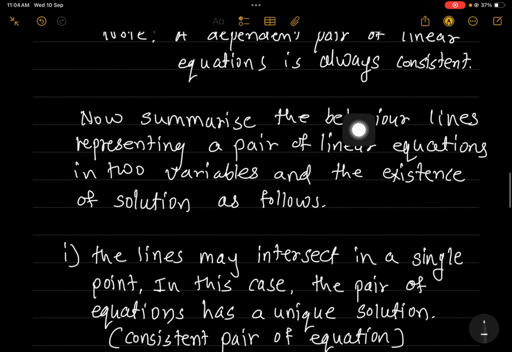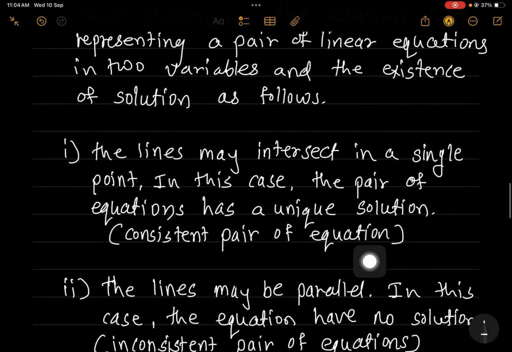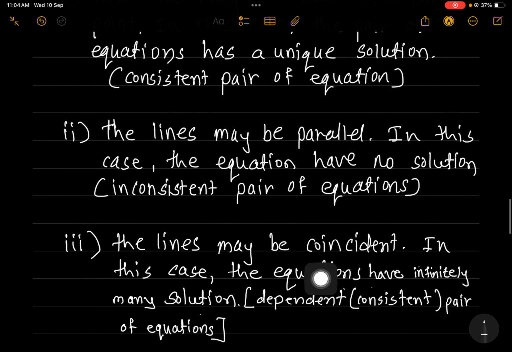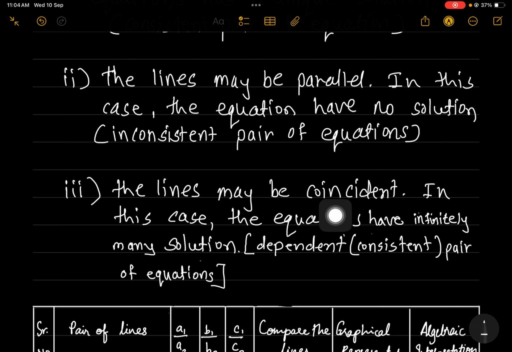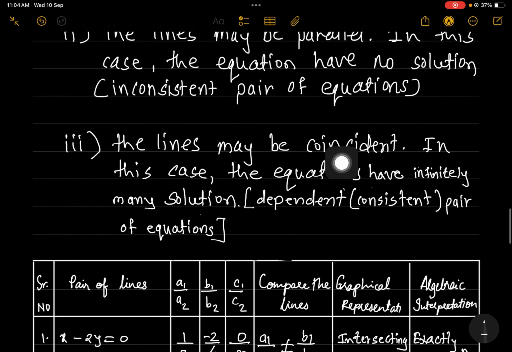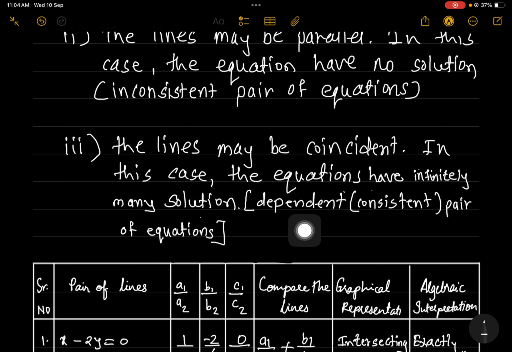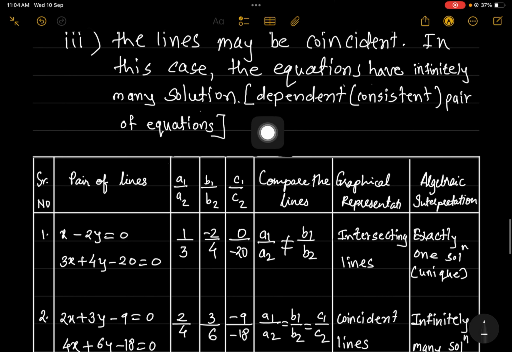Already in the introduction, in the second point, we studied what consistent and dependent mean. If the lines are coincident, then when you draw your linear equations on the graph with the help of points on the x-axis and y-axis, the lines coincide, so you get infinitely many solutions. We will study this third point further down.